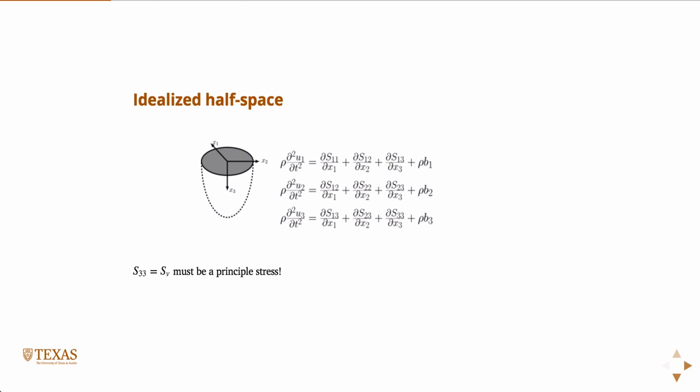And remember, I drew this coordinate system at the surface of the earth. So this is absolutely true at the surface of the earth, because the way we got here was we were talking about the surface of the earth where there's no shear stresses in the 3 direction, right? 3, 1, 3, 2. But it turns out that this actually holds all the way down to the ductile brittle transition.